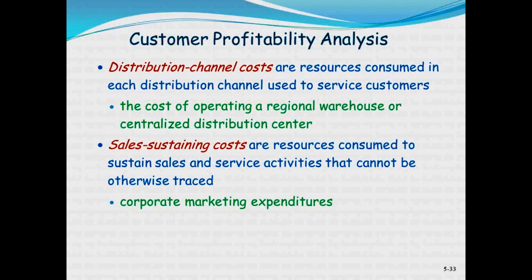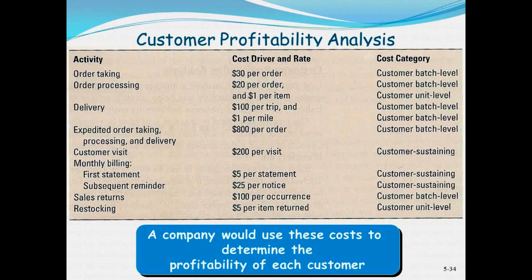Sales sustaining costs are costs that are bigger than any one customer, and it could be marketing and things of that nature. So these would have to be clearly allocated. I won't go through each one of these, and we're not going to do an example with customer profitability analysis, but it'll feel very much like the example that we did for ABC, with just a different name.